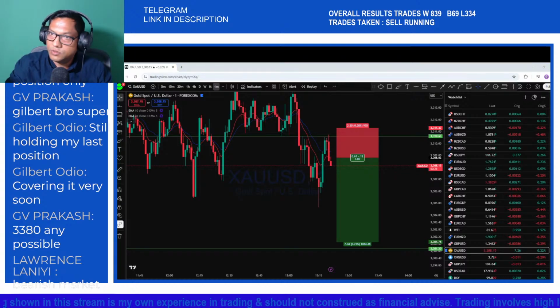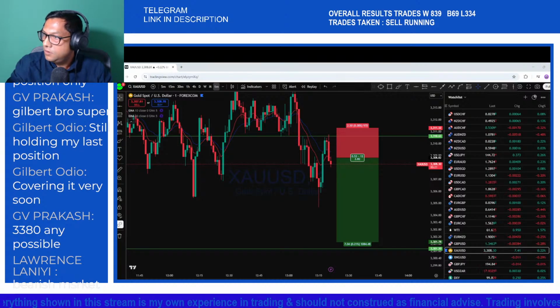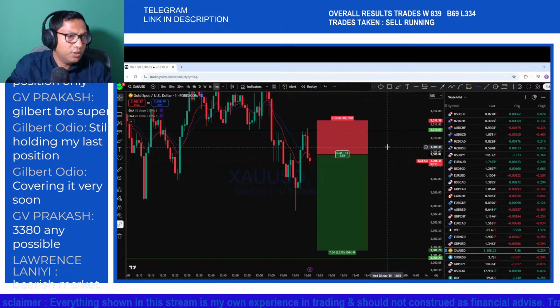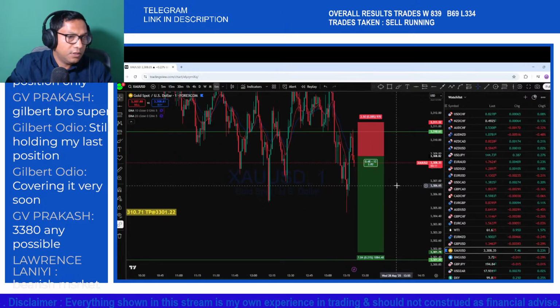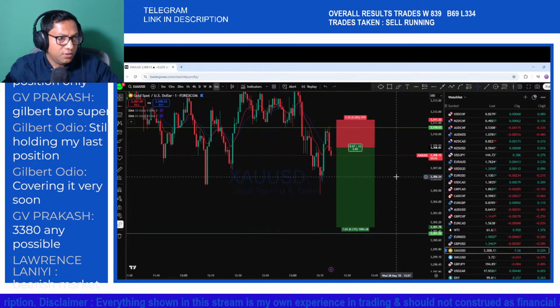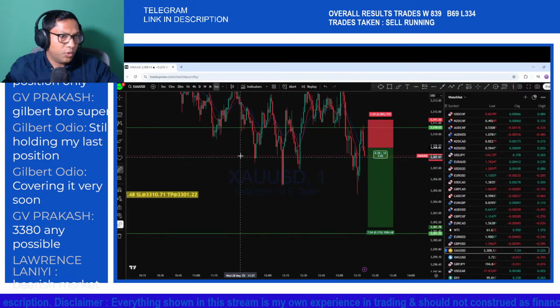Where did it pull? Is it the pending order? So with the same risk, stop loss at 3311.32. Very tight, smaller risk, and letting it come down for a potential drop.